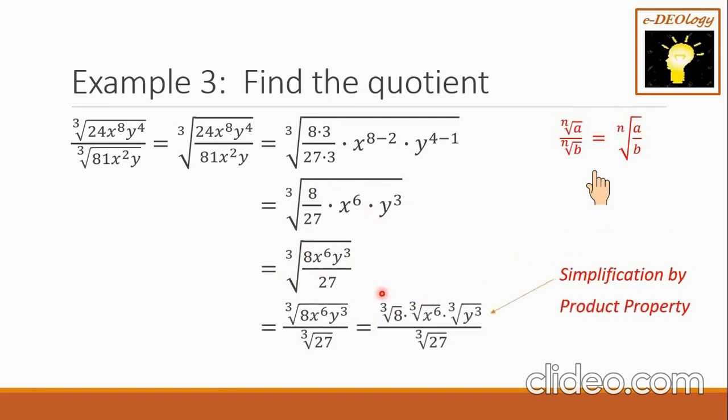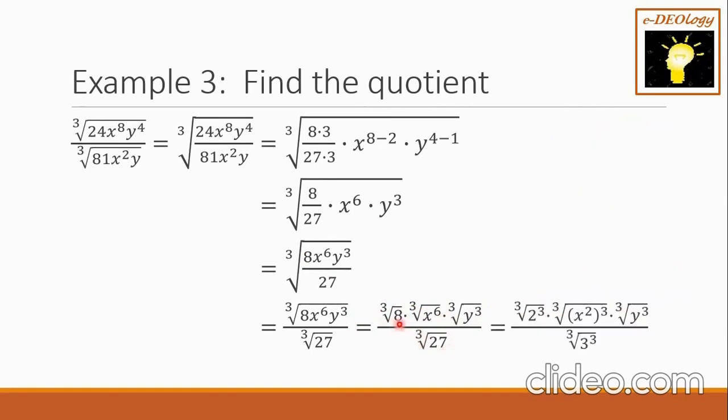And then we're going to use the product property to simplify by distributing the cube root to each of the factors. So we have the cube root of 8 times the cube root of x raised to 6 times the cube root of y cube. Then in the denominator, still our cube root of 27 is there.